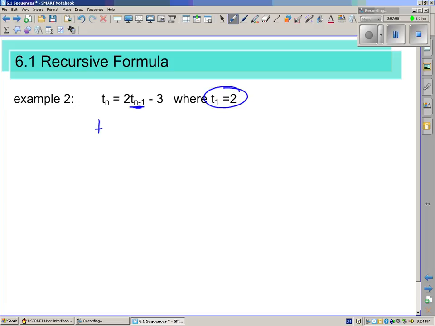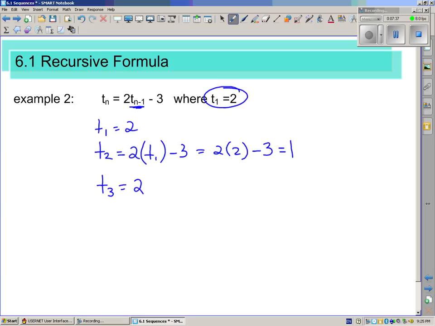Okay, so let's find some terms. Term number 1 is 2. That's my given, my starting point. Term number 2 is 2 times my previous term, which is term 1, subtract 3. That's 2 times 2, subtract 3, which is 1. So term number 2 is 1. Term number 3 is 2 times my previous term, term 2 now, subtract 3.